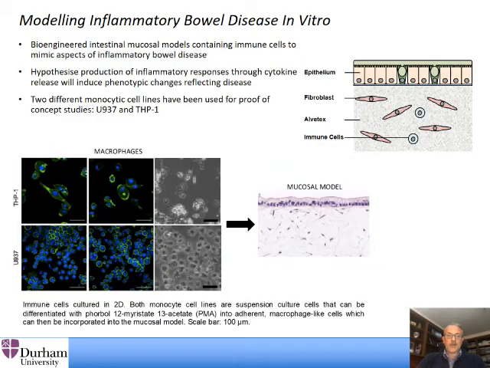So we can simulate this process by modeling inflammatory bowel diseases in vitro, and we can do that by taking populations of macrophages in culture and putting them into the stromal compartment of our model, and we hypothesize that if we stimulate those cells to release cytokines, this will induce phenotypic changes reflecting the disease.